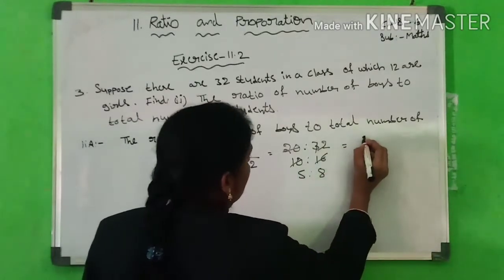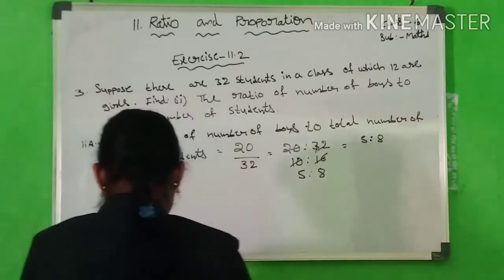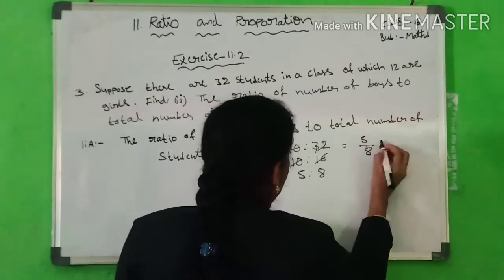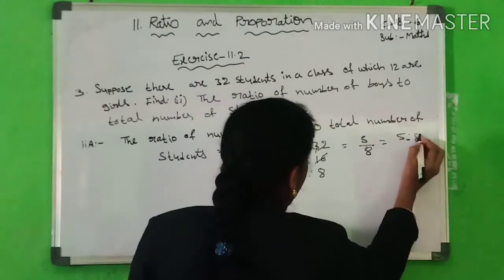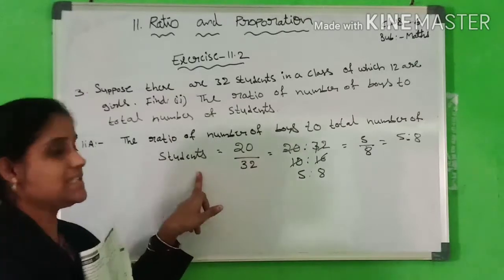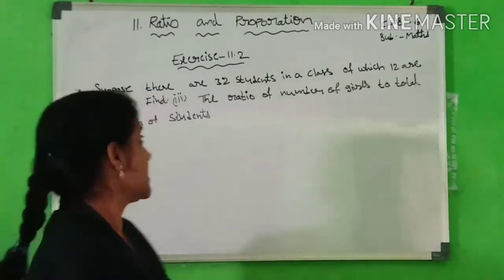What is that? 5:8. What is the ratio? 5:8. 5 by 8 equals 5:8. What is the ratio of the number of boys to the total number of students, children? 5:8. Note this one.